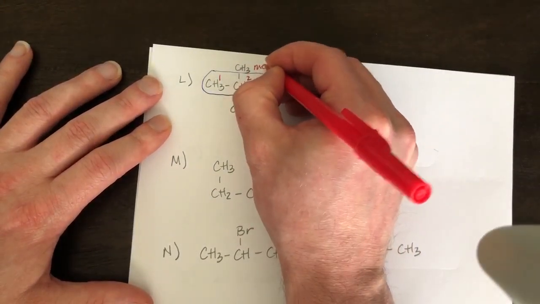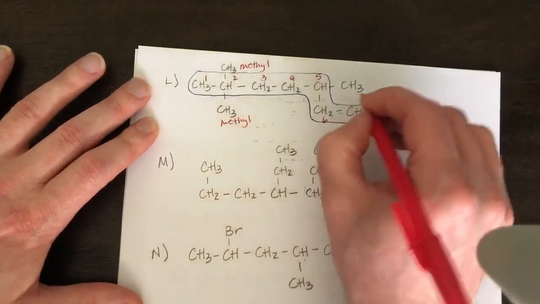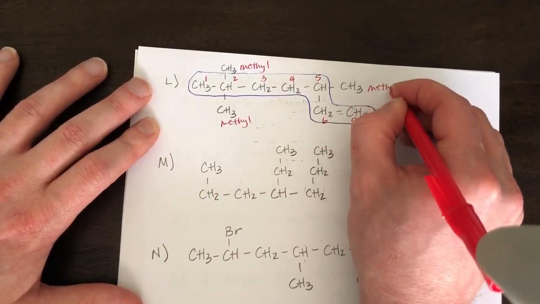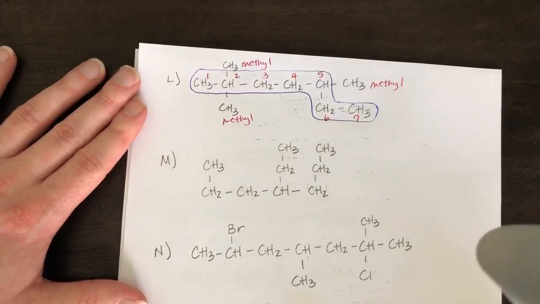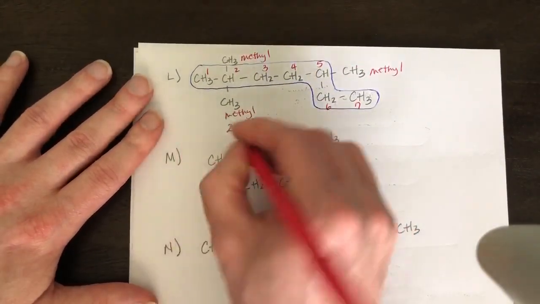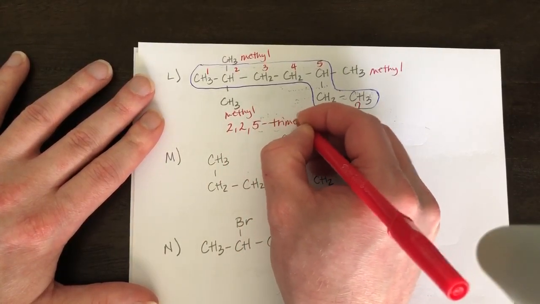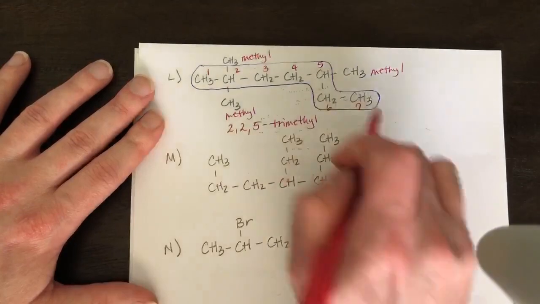We got methyl. Got another methyl. And we have another methyl. So this is going to be 2, 2, 5 trimethyl heptane.